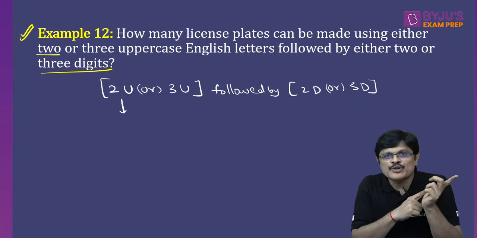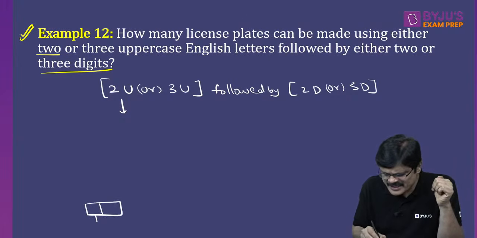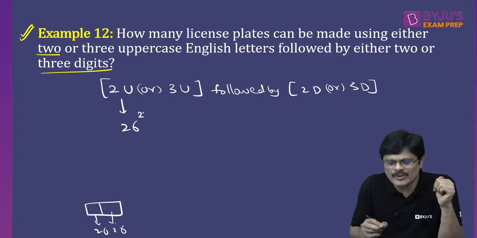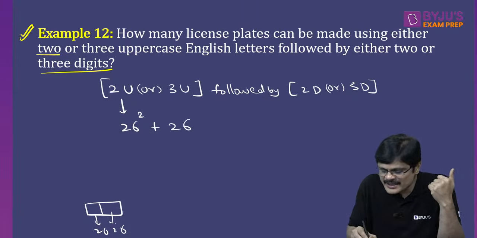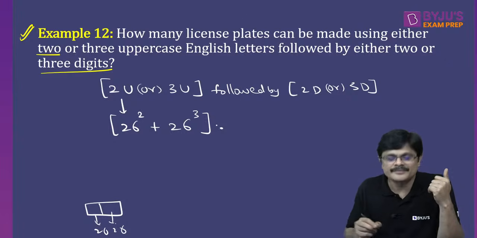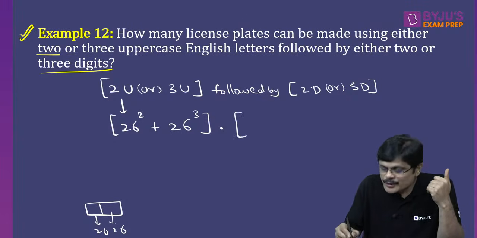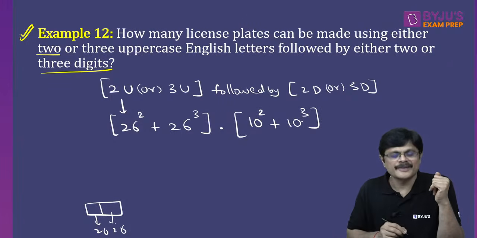Because previously we solved, now we should solve it separately, directly. 2 uppercases means this is 26 and this is 26. So this can be done in 26 square ways or 3 uppercase letters, that is 26 cube, followed by 2 digits, that is 10 square, or 10 cube, 3 digits. And that is the answer, my dear friends.